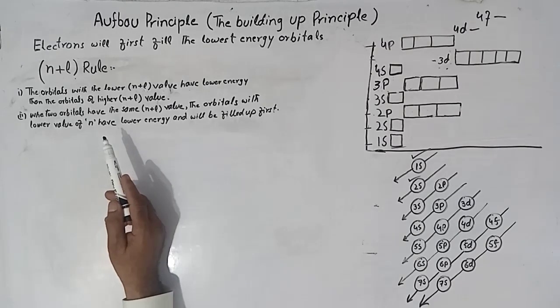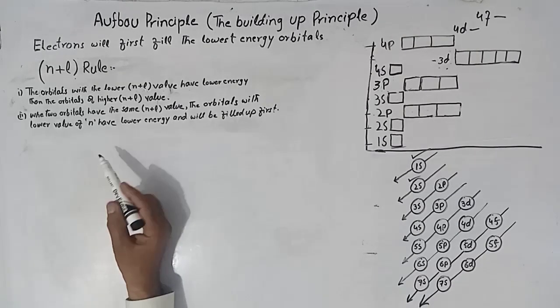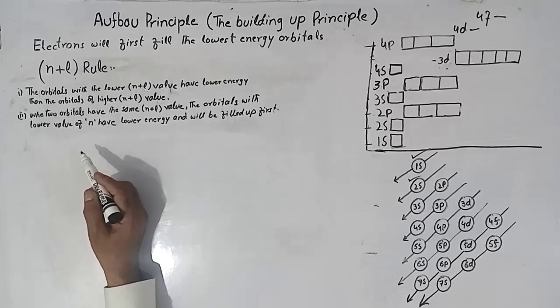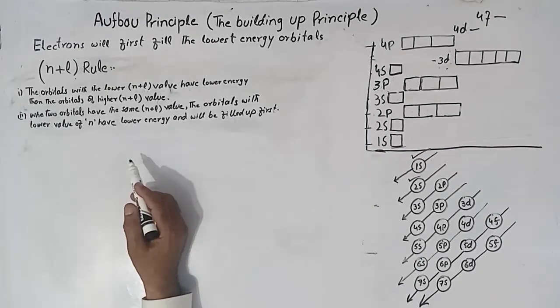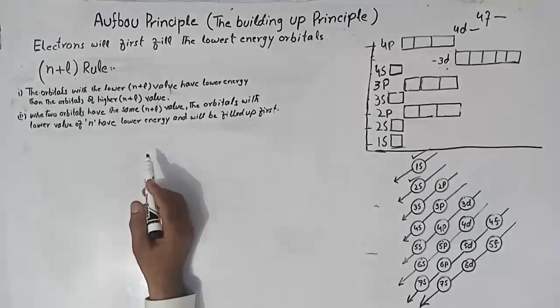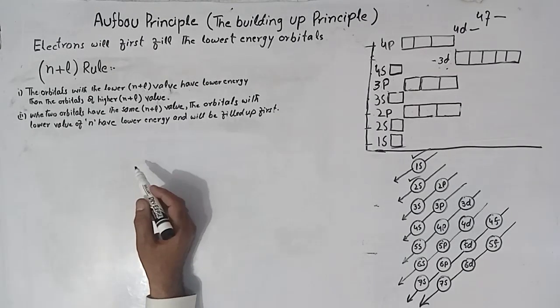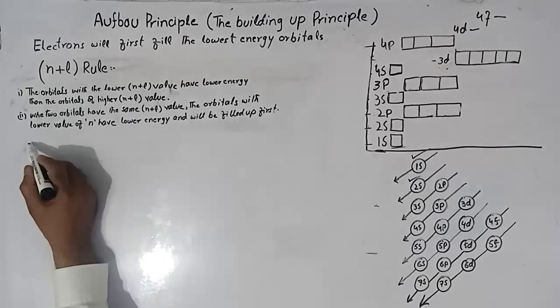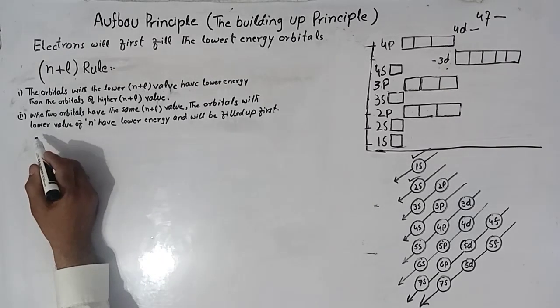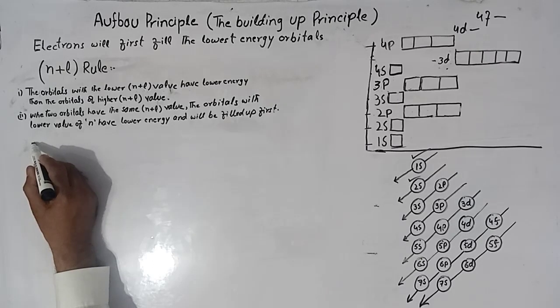The notation for the electronic configuration includes the principal quantum number and the letters for the designation of azimuthal quantum number, s, p, d, f. First take the principal quantum number n.